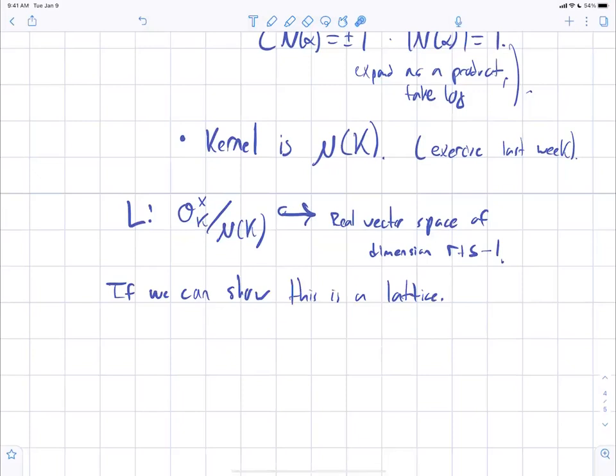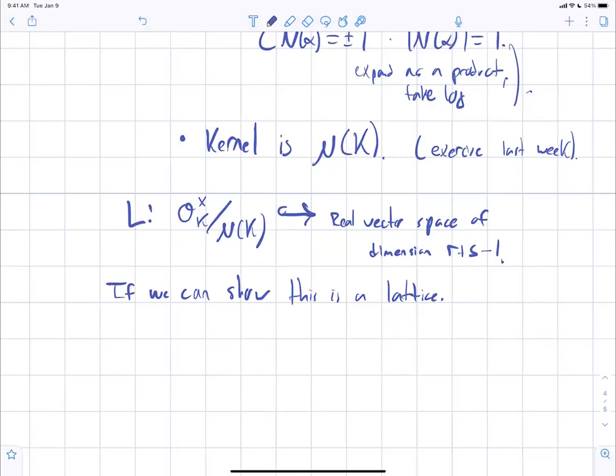Here I'm using this weaker terminology: first we want to show it's just spanned by the free module generated by some linearly independent vectors.